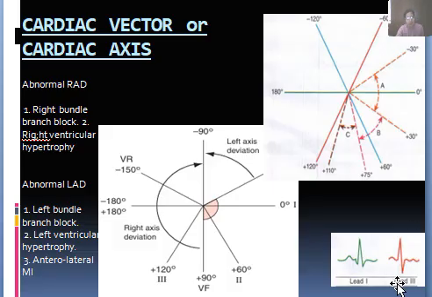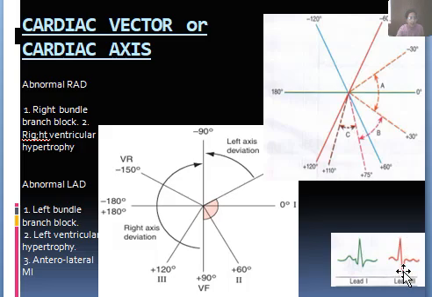There are 3 waves in the QRS complex: Q wave, R wave and S wave. In lead 1, the R wave is a positive wave and the S wave is a negative wave. In lead 3, likewise, the R wave is positive and the S wave is negative.